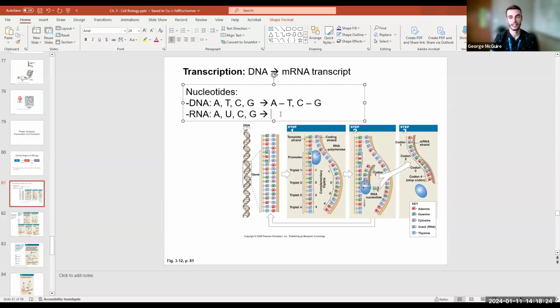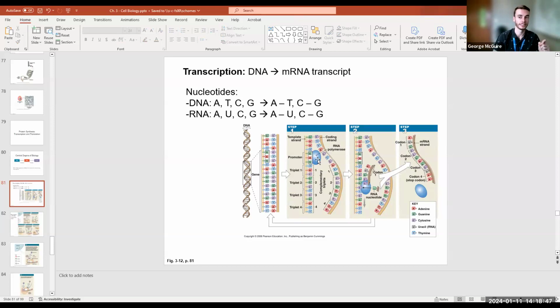So for RNA, when we're making a transcript, instead of A bonding with T, A is going to bond with a U. They do not have thymine, they have uracil. And so it's just that slight difference. And so when we are creating an mRNA transcript, in order to add our complementary nucleotide, mRNA is going to add a U everywhere that there's an A here, instead of a T. Okay.